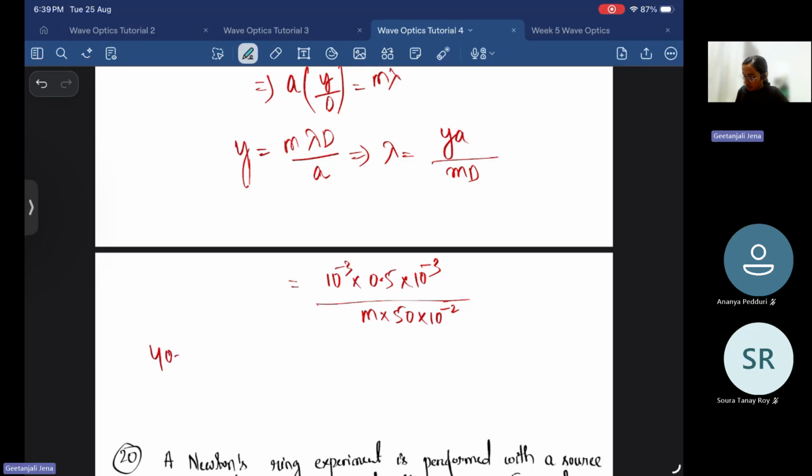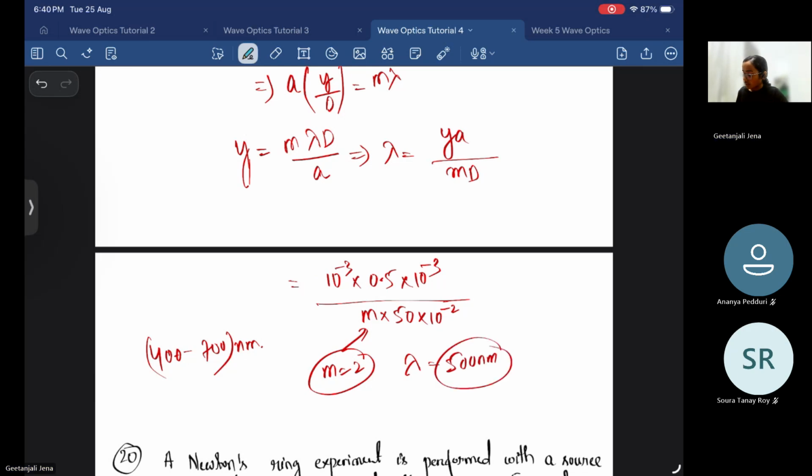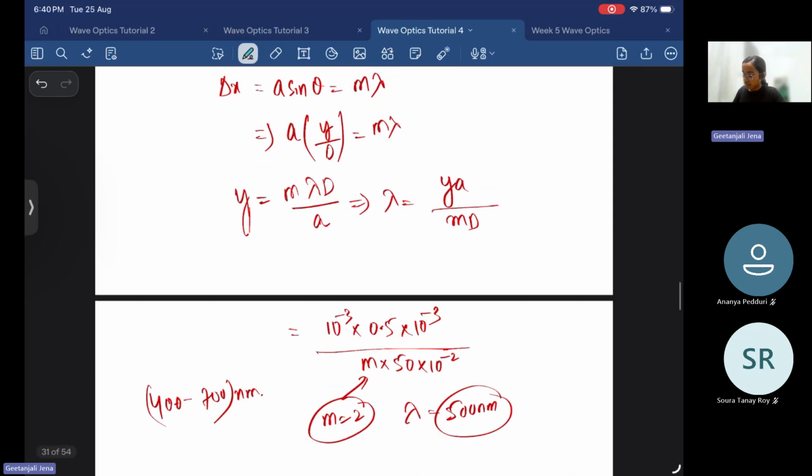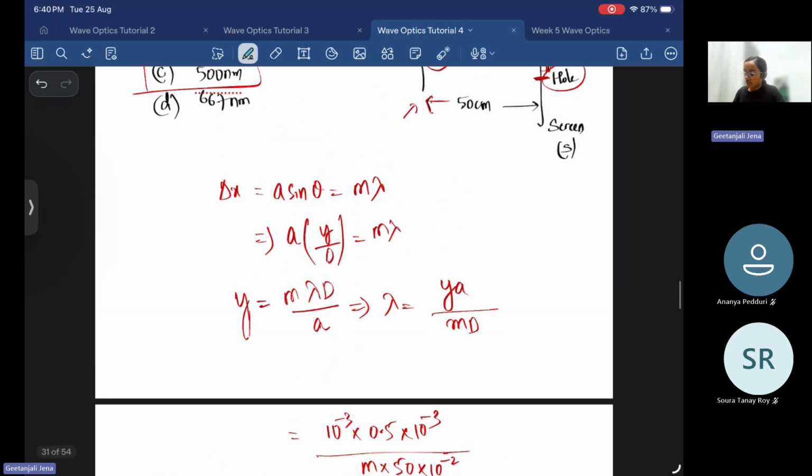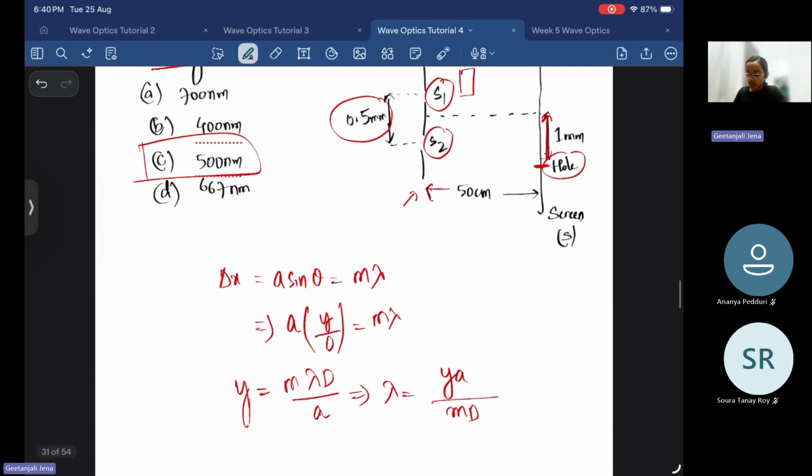In the range 400 to 700, if you put m equal to 2, you find that lambda is 500 nanometer. So for 500 nanometer we get an integer value of m, which means we'll see constructive interference at the screen. So the answer is option C.